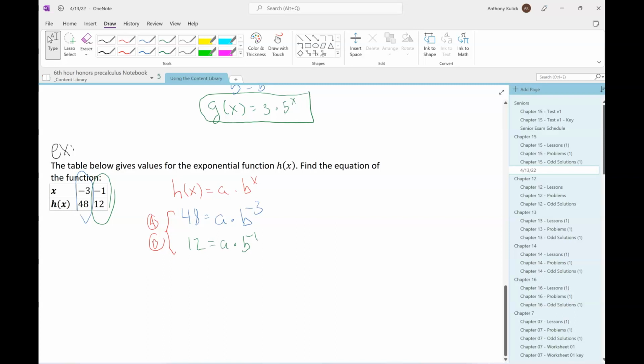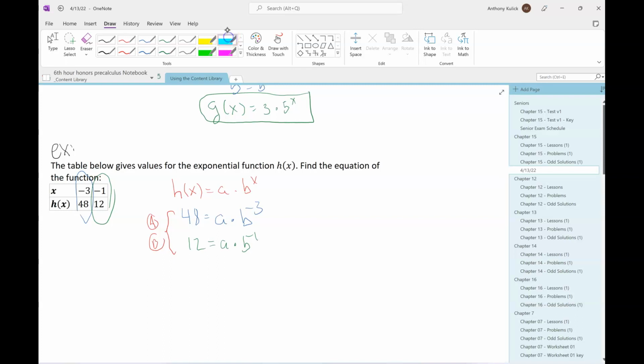Now, last year when we solved systems using substitution or elimination, the variables were always being added or subtracted. So when we used elimination, we were just adding or subtracting the 2 equations to eliminate things. Here, our variables are being multiplied. So to do elimination this time, we're going to be dividing.